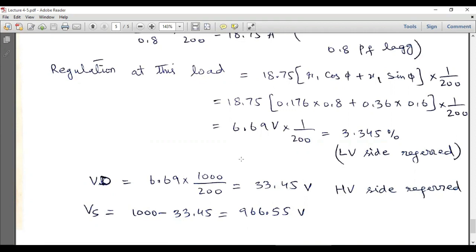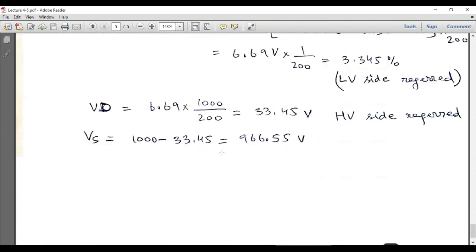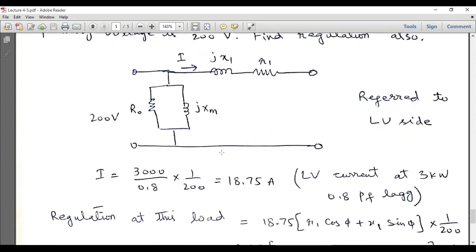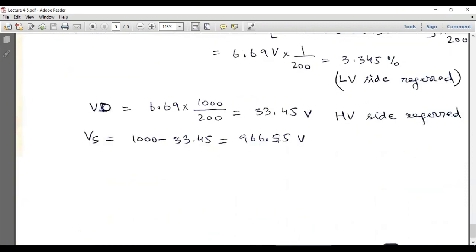Now if we apply 200 volts at the primary side, ideally we should obtain 1000 volts at the secondary, but when we subtract this voltage drop from 1000 volts, we get the actual voltage at the secondary.